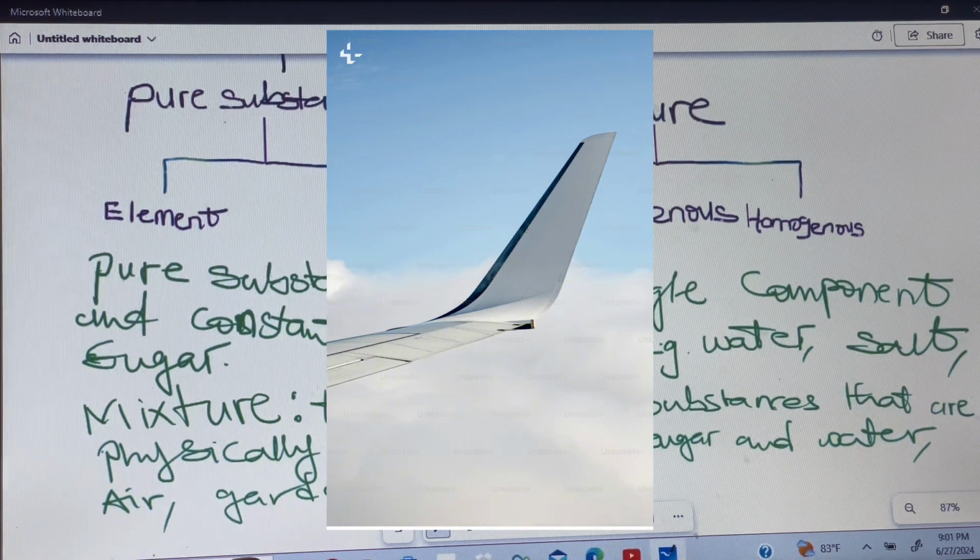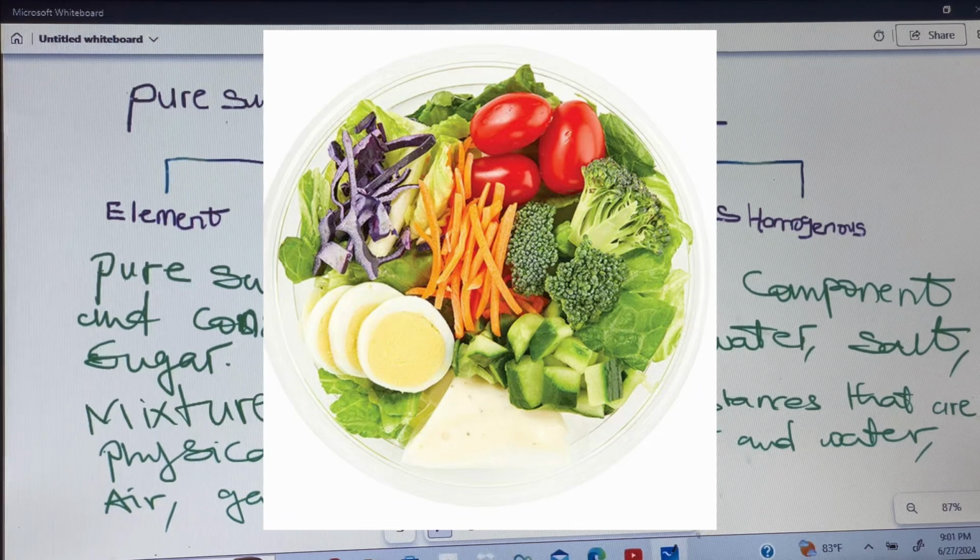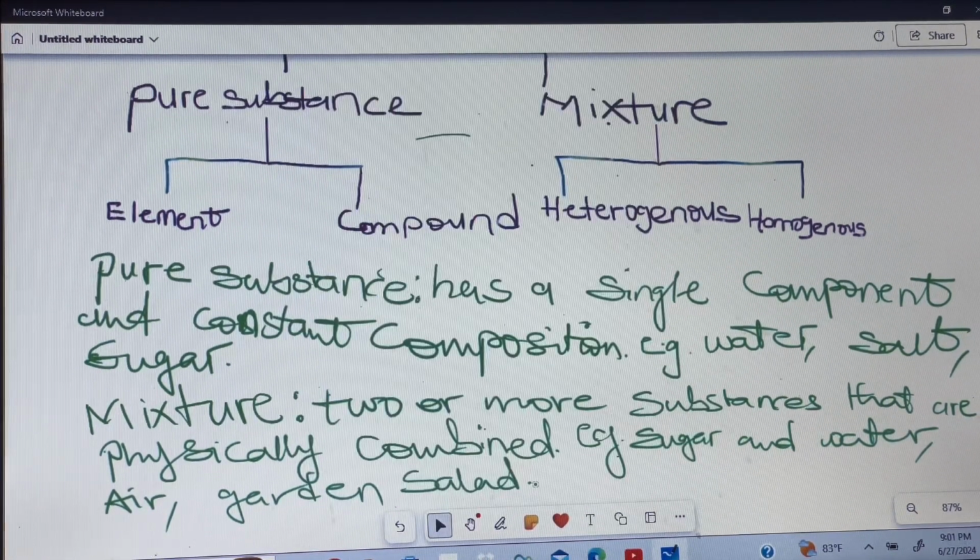All these substances make up the air. So that's why we say that air is a mixture. Garden salad: you bring your tomato, your cabbage, your carrots, and when you mix them together, that's garden salad. So that's a mixture.